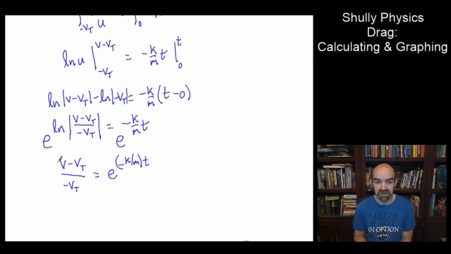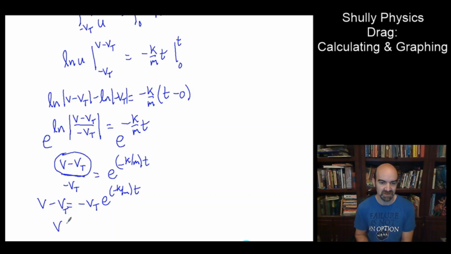All right, so algebraically, let's solve for velocity. What does v equal? Remember, this vt is a constant, the terminal velocity. It's the ending velocity. When we multiply on both sides, we end up with v minus vt equals negative vt e to the negative k over m t. And this should be a v minus vt over here. We're left with this creature, and we're going to add vt to the other side.